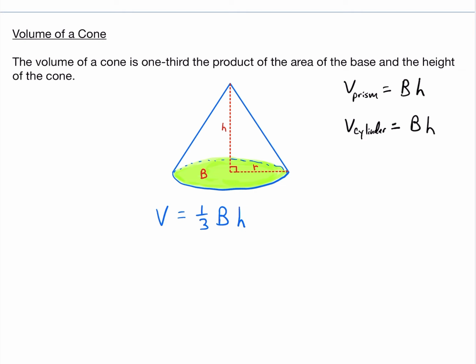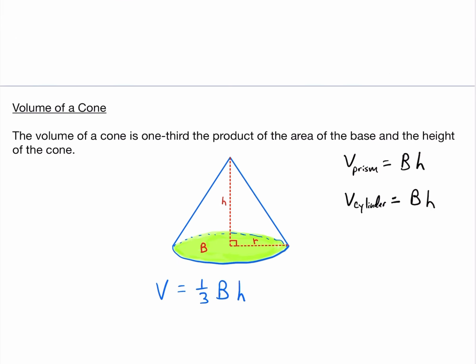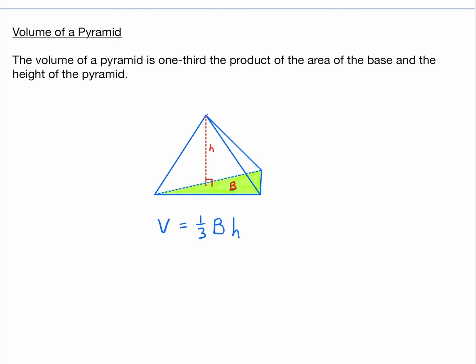Okay, and so when you take into account the volume of a cone or a pyramid, the object essentially all kind of points to an apex. So for this cone, this all goes to a point. Similarly with the pyramid, see how this goes into a point? Instead of going straight up like a prism, these go to a point. When you have that scenario, you're just going to take 1/3 of the original volume.